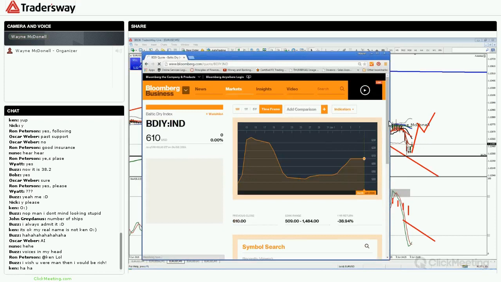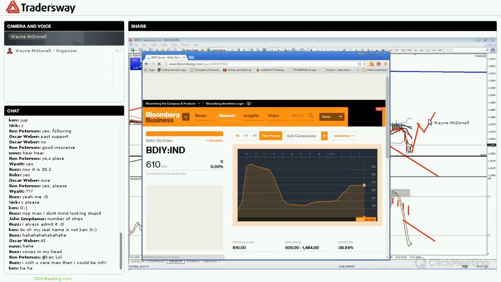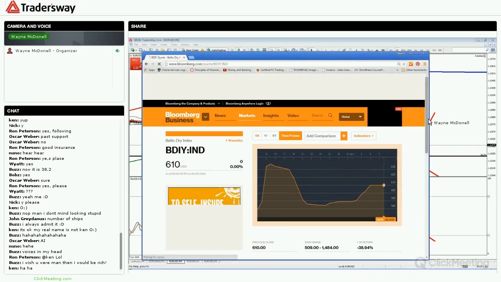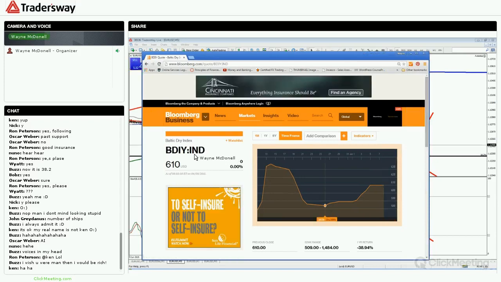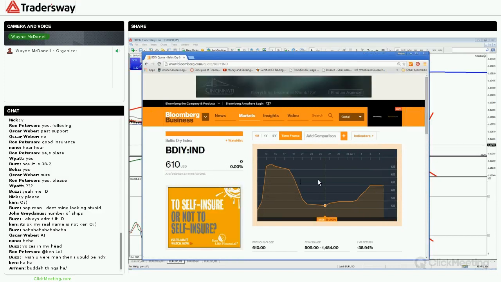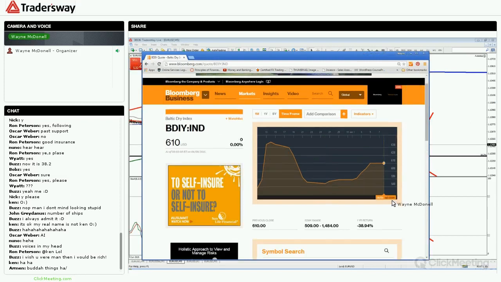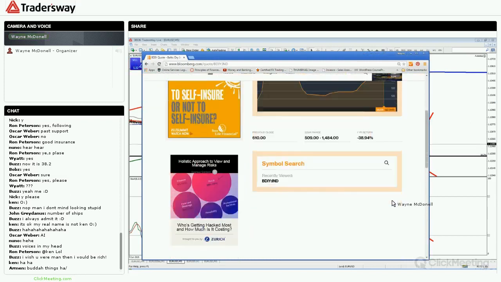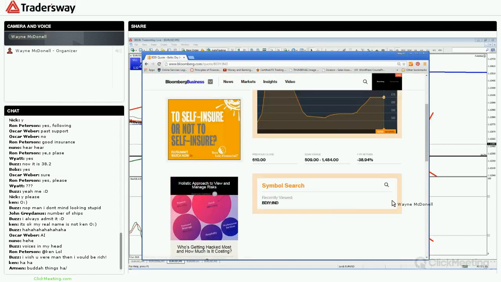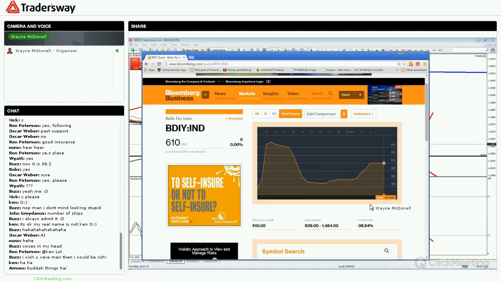Oh, yeah. I don't like these new charts. It's probably been here a year. Okay, Baltic Dry Index, 610. Congratulations, Baltic Dry Index. Hang on. I think I can change this to an advanced chart, which is so advanced you can actually read it. How do I do it? They've changed it so many times.